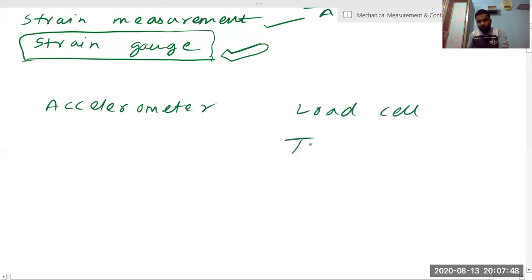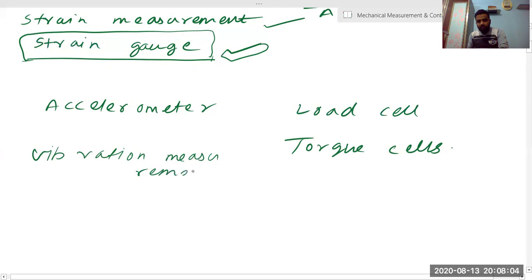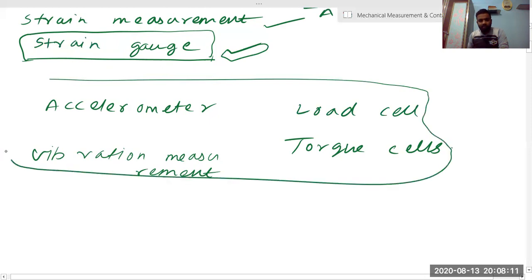There is one more device, which is the torque cell. To list a few, I am just introducing some topics. It is also used in vibration measurement. All these devices that I've listed here use the principle of strain.